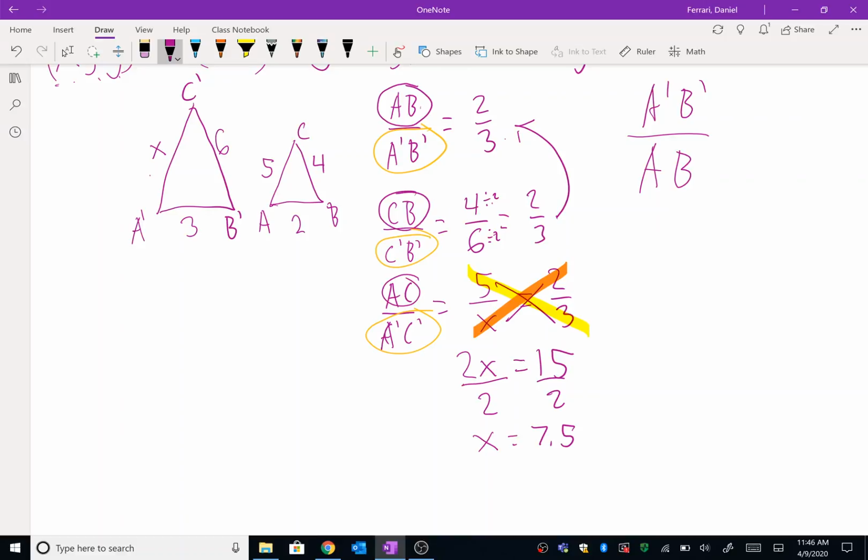But if I did that, then I would need to be consistent with the other one: C prime B prime over CB. I would have to keep it the same throughout the entire problem. So whatever pattern you set, stick with that pattern throughout the entire problem.